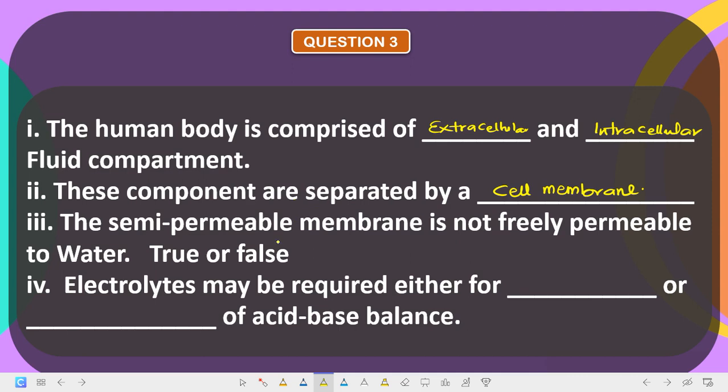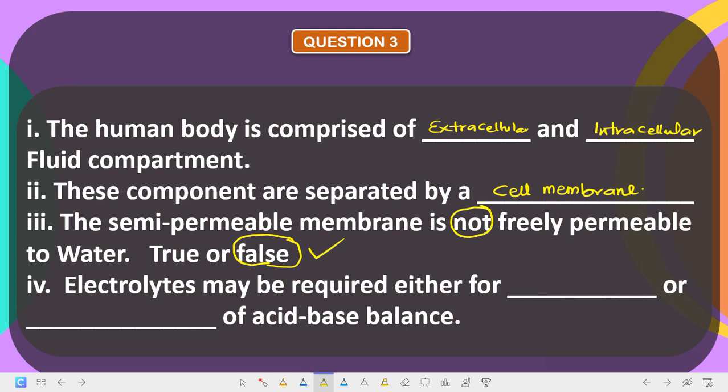True or false? Is it true that it's not freely permeable, or false that it is freely permeable? Now the correct answer is false, because the semi-permeable membrane is freely permeable to water. So this note makes it false. Are we getting it?